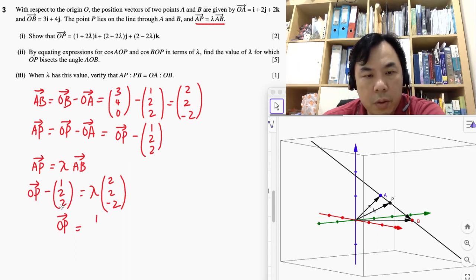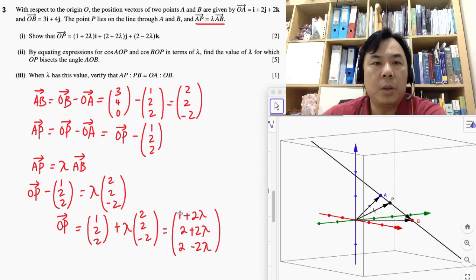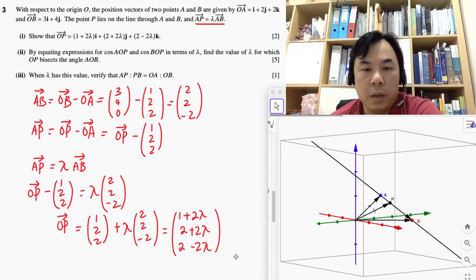So therefore, it's the same as, and then of course we can group them together. Then that will give us 2 lambda. All right, just let me check whether I got the correct solutions here. So 2 plus 2 lambda, and then 2 minus 2 lambda there.